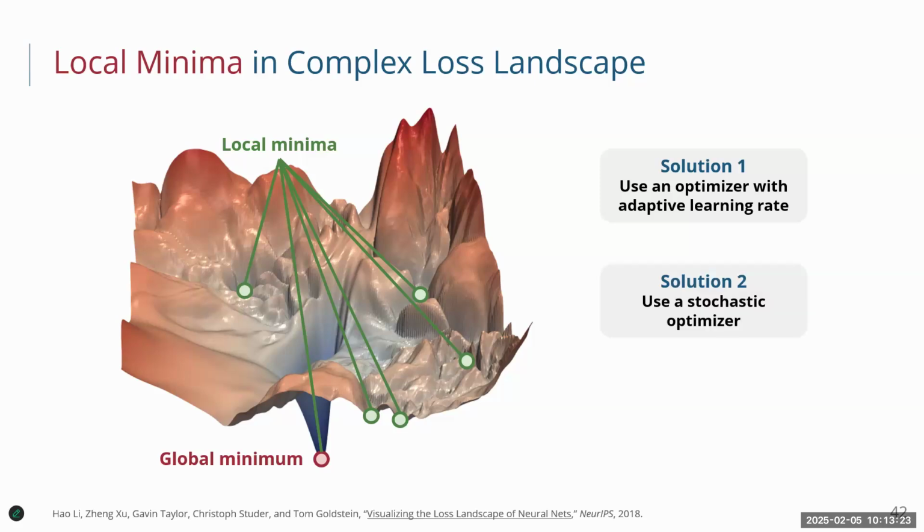That shakes things up, so that, if it's like water drops, maybe there's some chance that it will move to another part and potentially go to something deeper. And the third one is that we just change this landscape. This is very hard to train. Can we just make it smoother? But that requires that you change your neural network.